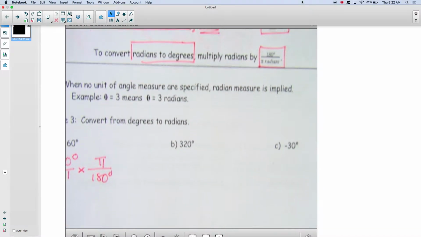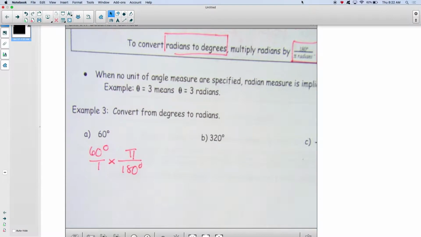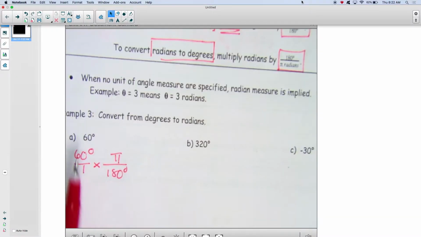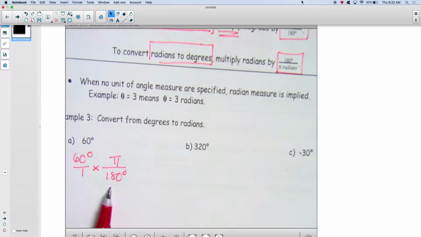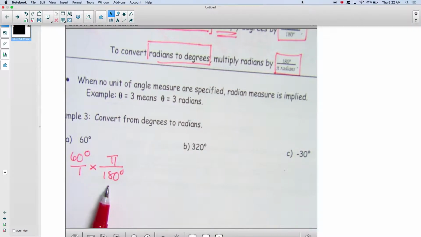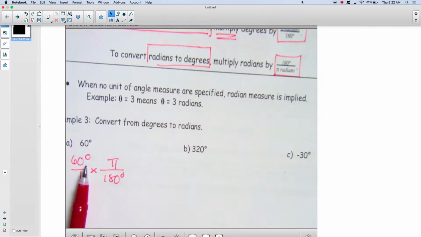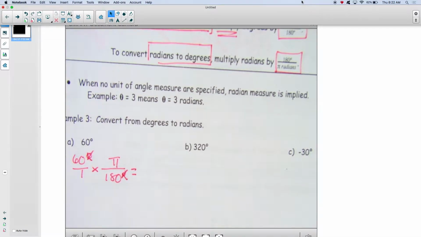And those of you that have taken physics, chemistry, you've done conversions. If this is 60 degrees, all you have to remember, guys, is that pi and 180 are equal to 1. So I have to put the degrees on the bottom so that what cancels out? So the degrees cancel, and that's going to leave us with radians.